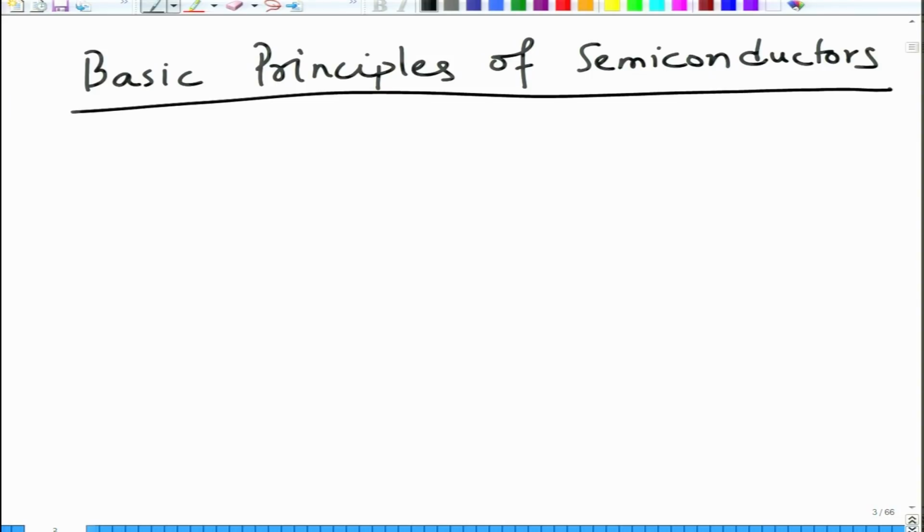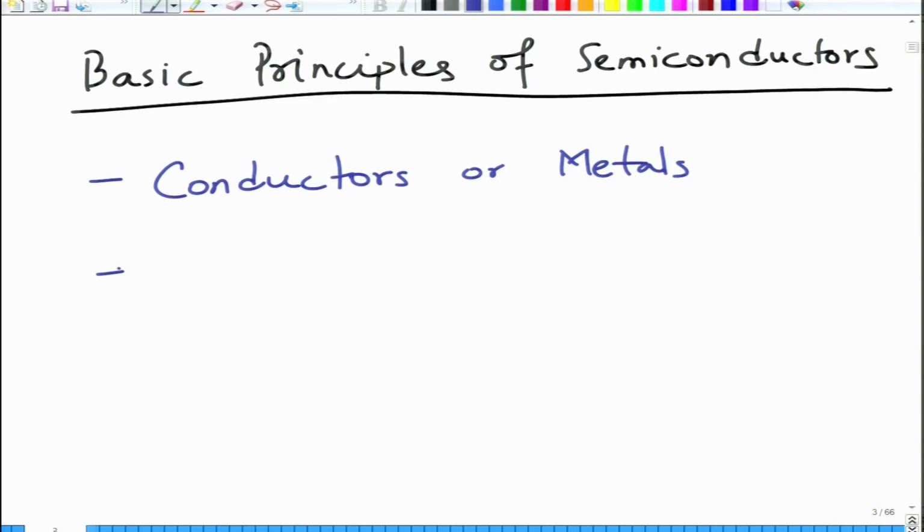It is not a completely conducting material. Based on the electrical properties, materials are defined in 3 categories. So, the first type of materials is called conductors, or you can say metals, which show high electrical conductivity, and then we have semiconductors, and then we have insulators.